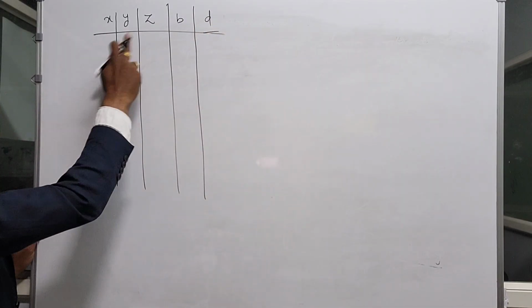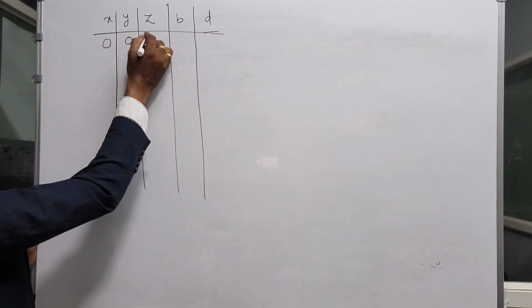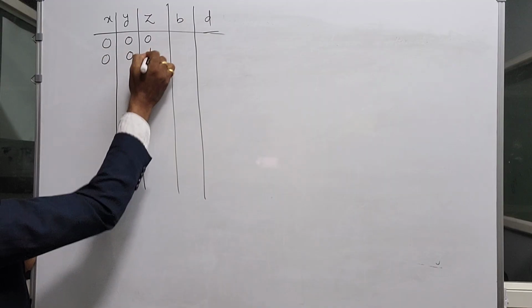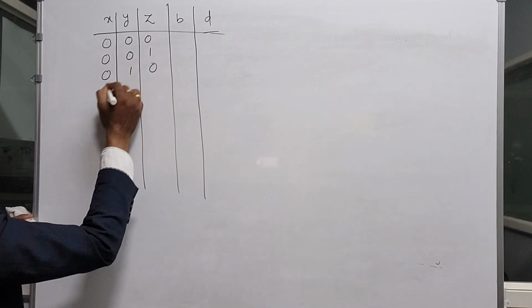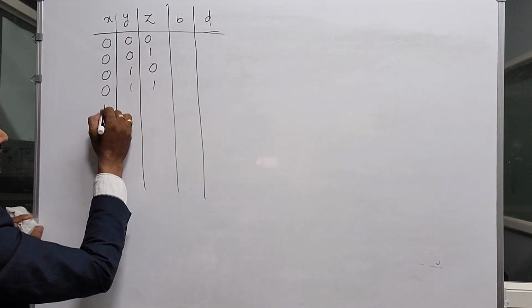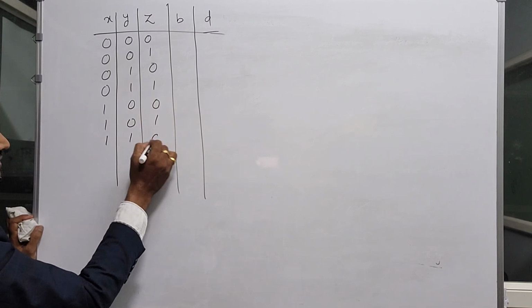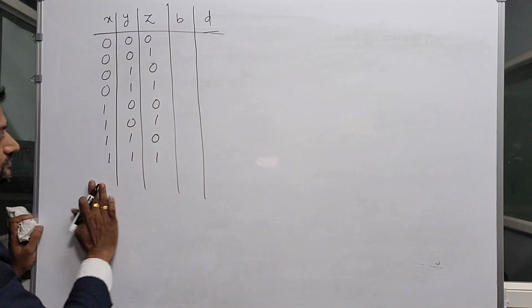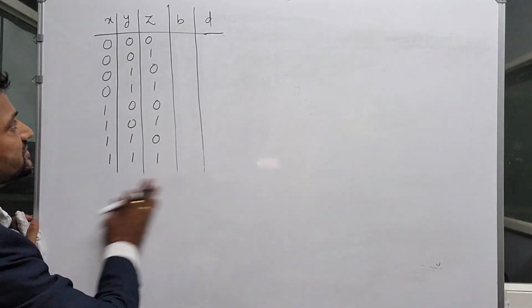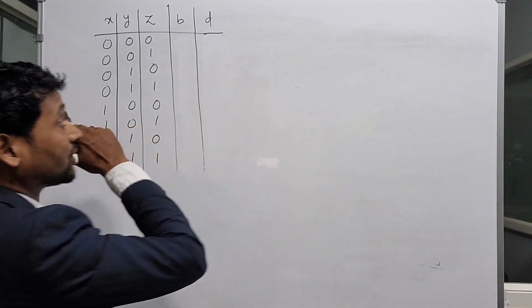Since we have 3 inputs, what are the combinations? First write down 000, 001, 010, 011, then 100, 101, 110 and 111.